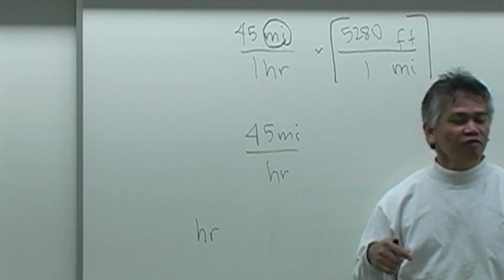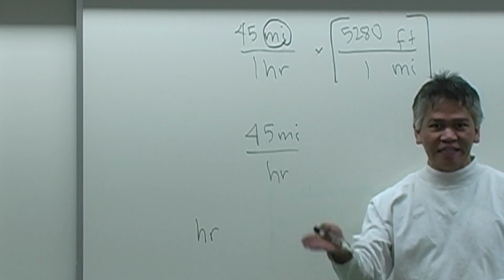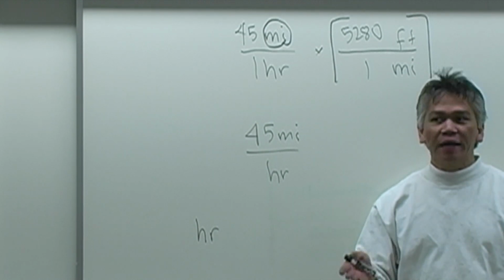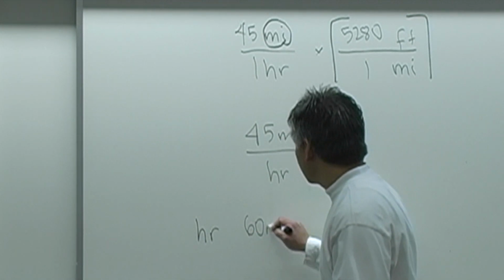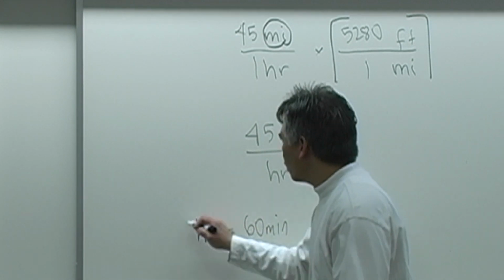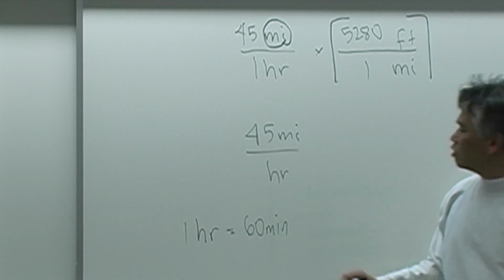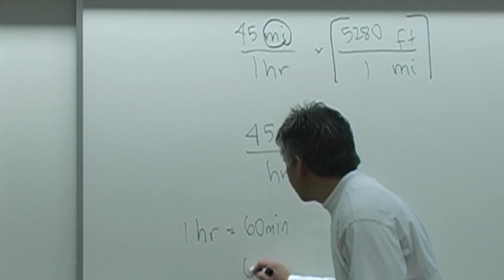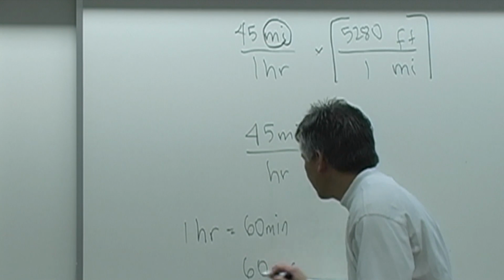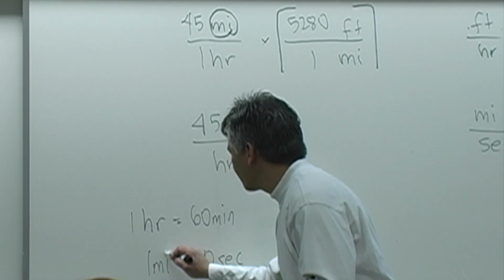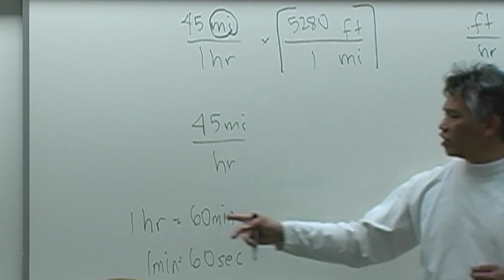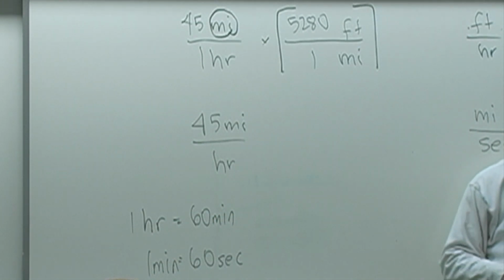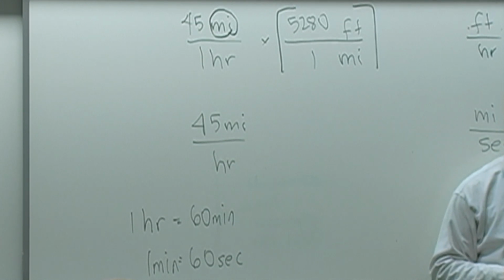Now, I don't know off the top of my head how many seconds are in an hour, but I do know that there are 60 minutes in 1 hour, and I do know that there are 60 seconds in 1 minute. So rather than go the direct way of converting hours to seconds, I'm going to take 2 steps to do this operation.